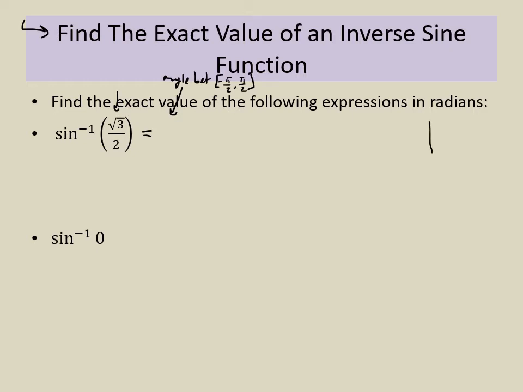There are 3 angles that we must know. Pi over 6 or 30 degrees, and the sine is going to be the opposite over the hypotenuse. So sine of pi over 6 is 1/2.